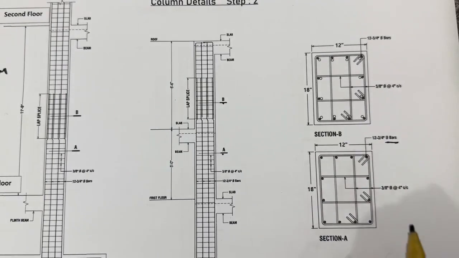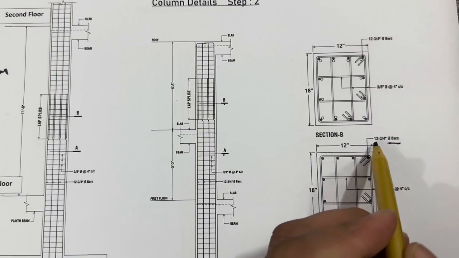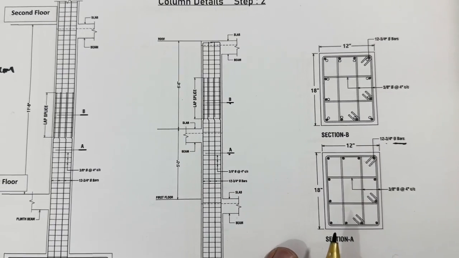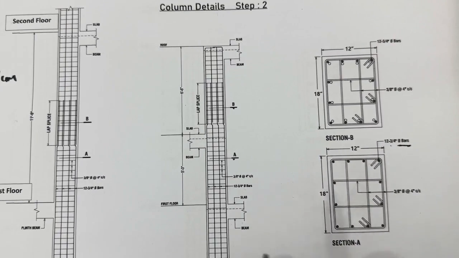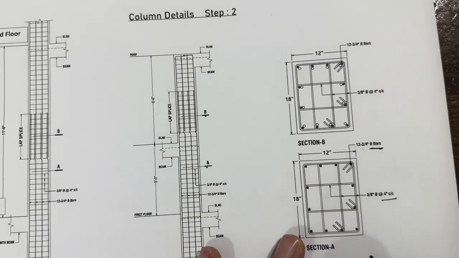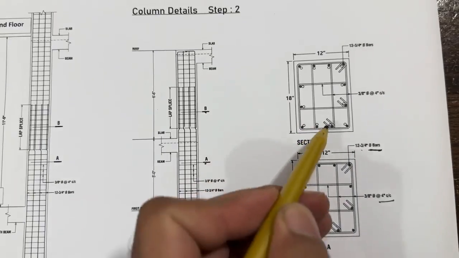You can see clearly. And on the other side, you can see this is 3 by 8 bar, because this is 3 suture, and here this is 6 suture. About 16 millimeter, okay? Therefore, guys, the spacing is 4 inches center to center.